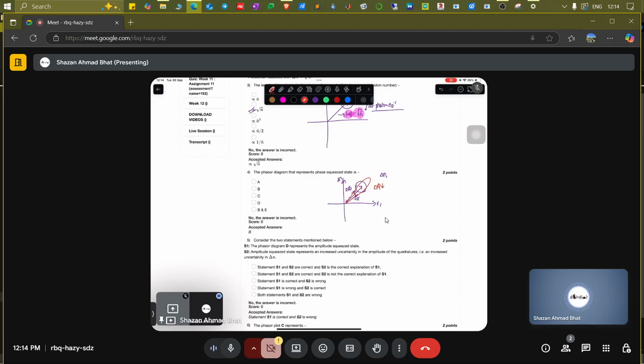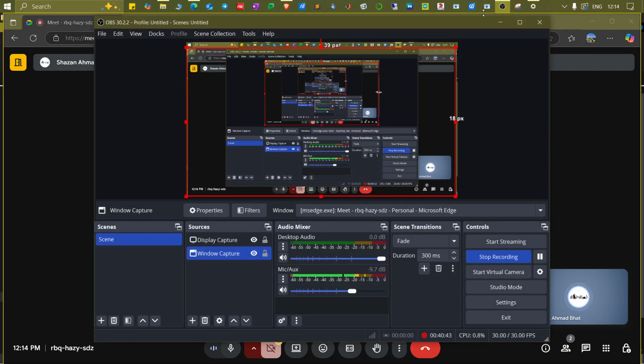But what you are going to suffer is the photon number. So the uncertainty in the photon number goes on increasing. That is why this red one is a phase squeezed state. You can play with one at a time. You cannot play with both of these because of the uncertainty.